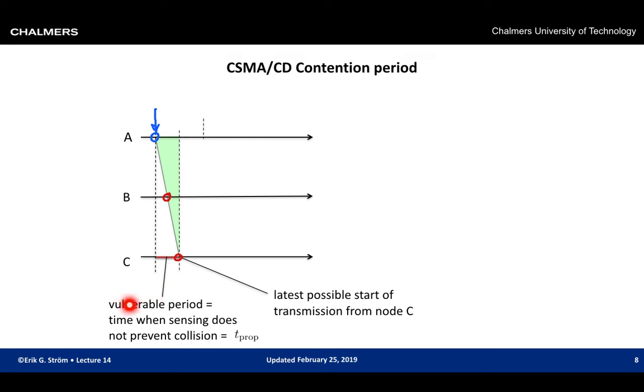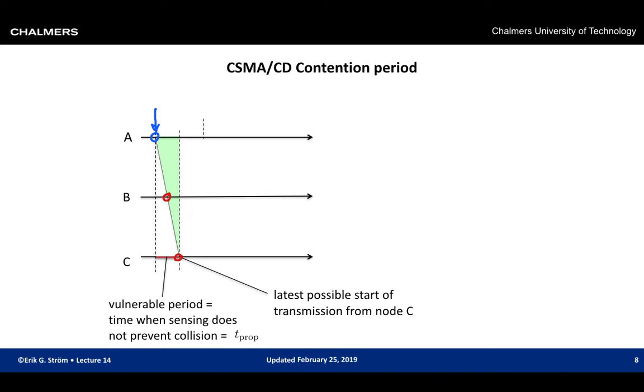So this is sometimes called the vulnerable period. It's the time when sensing does not prevent a collision, and this time is equal to T-prop, the propagation time from A to C. The propagation time here is the longest, so A and C are the physically most distant nodes in this network.